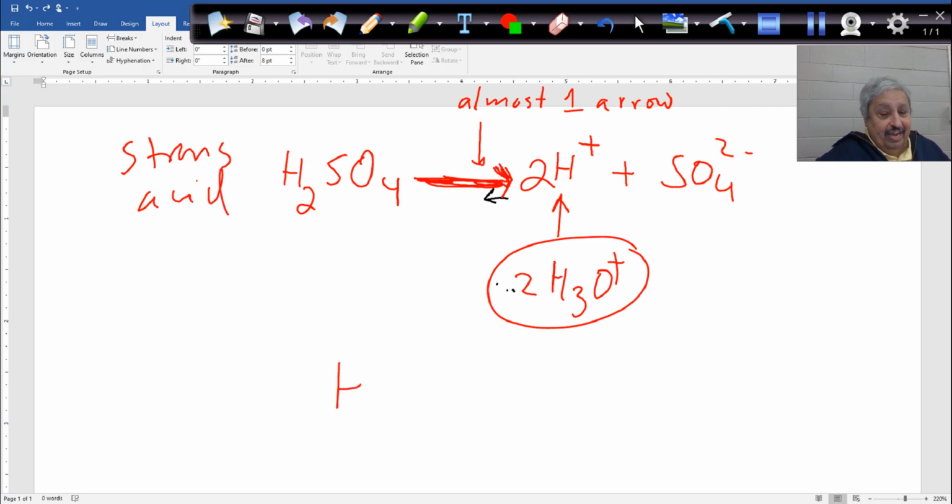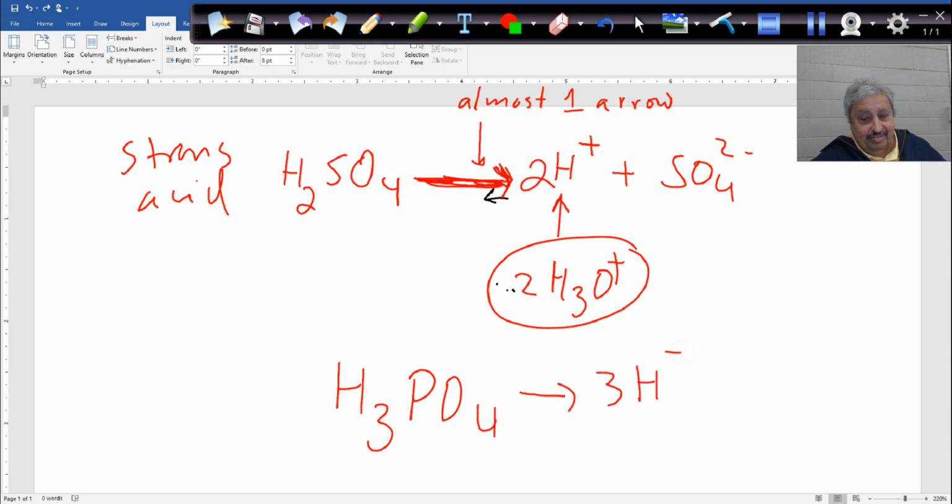However, if I have phosphoric acid, which will give us 3H plus and PO4 3 minus, guess what? Identical double arrow.